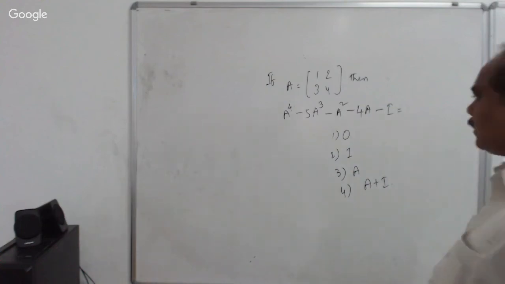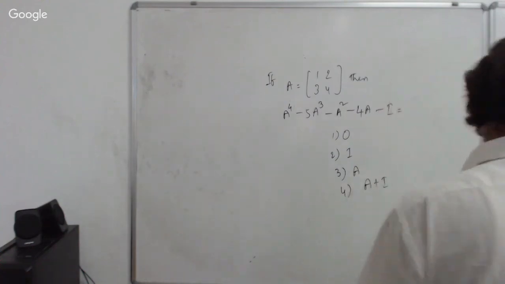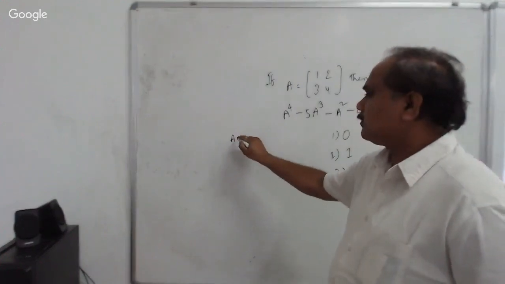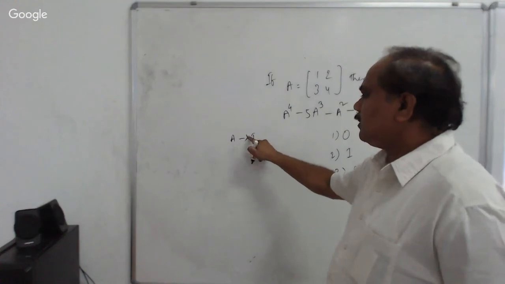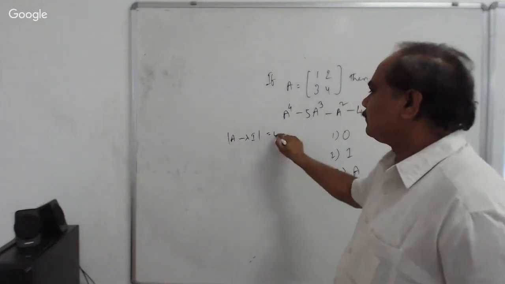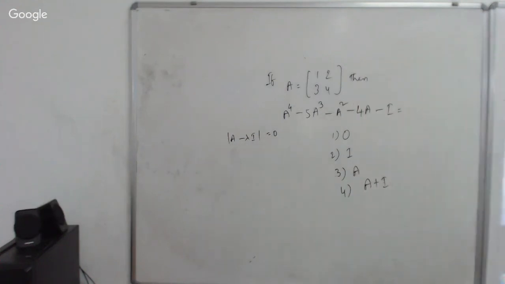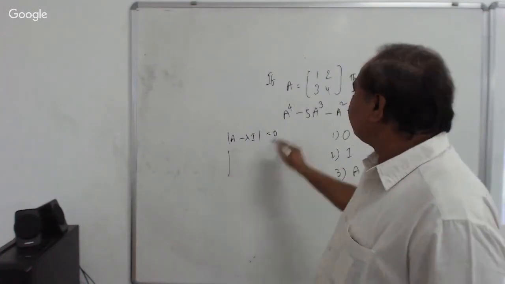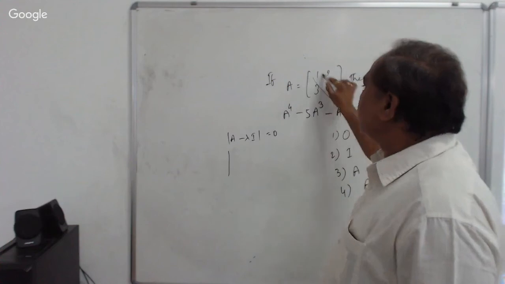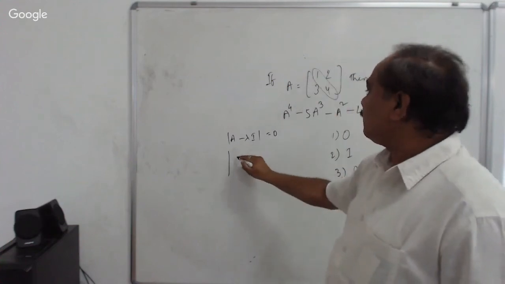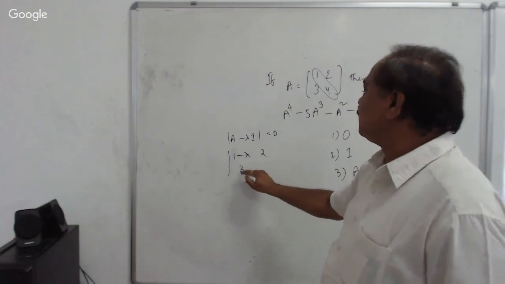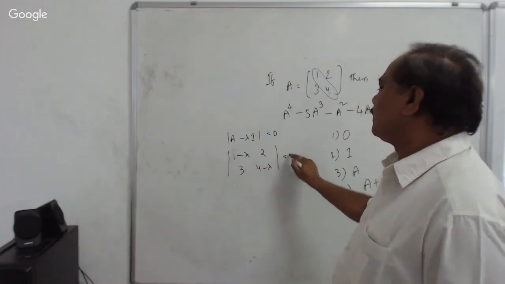For this problem also, first find the characteristic equation, that is determinant of A minus lambda I equal to 0. For the principal diagonal elements, subtract lambda, means 1 minus lambda, and the rest remain as they are, equal to 0.